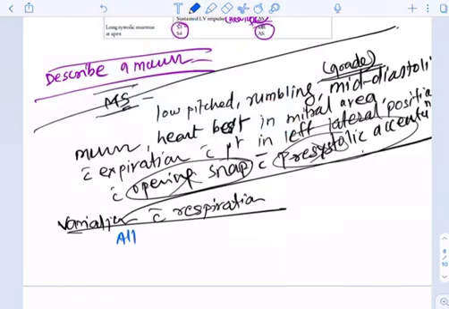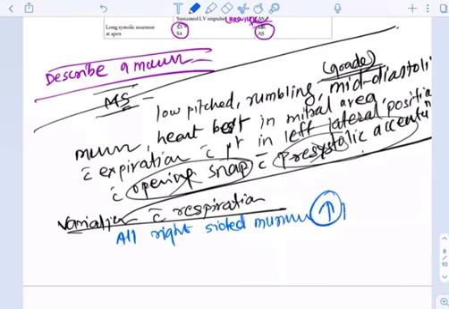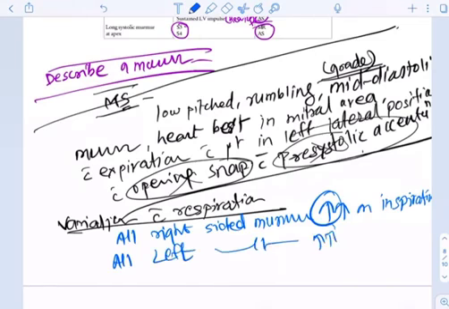Variation with respiration: all right sided murmurs increase on inspiration and all left sided murmurs increase on expiration. This is the basic rule.